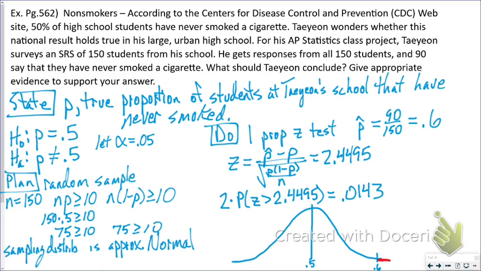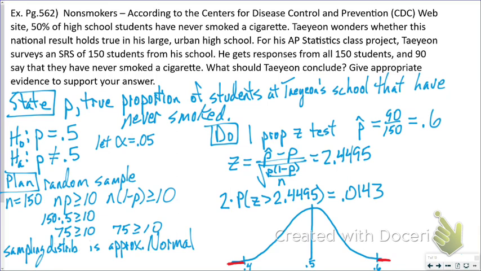That's a z-score of 2.4495. But because it's a two-tailed test, it found the corresponding z-score on the left of 0.4, which happens to be negative 2.4495. So that 0.0143 is the red area.